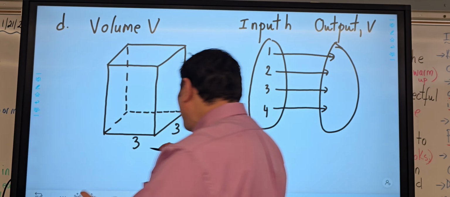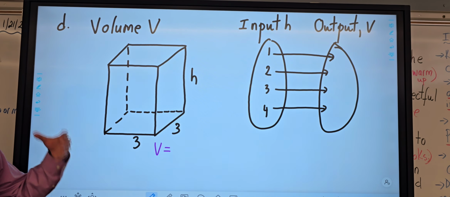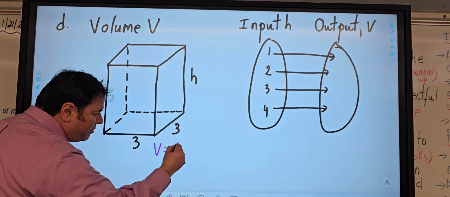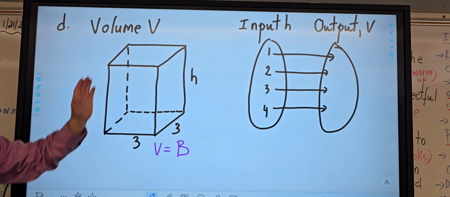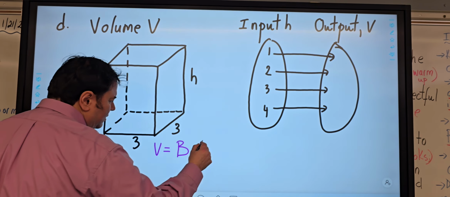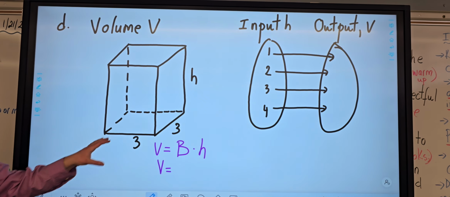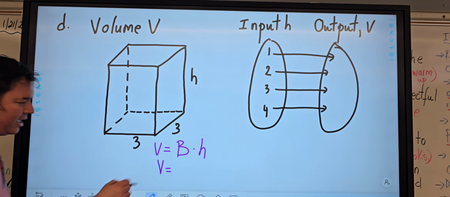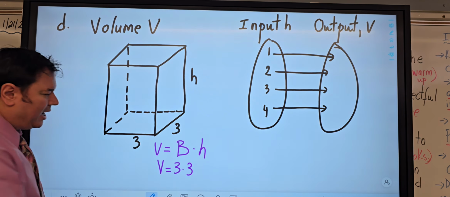Okay, so the volume of this shape equals, if you remember, the volume formula is area of the base, the big B, times the height, right? And in our case, the base is a square, so the area of the base is 3 times 3, and then we have to multiply times height.